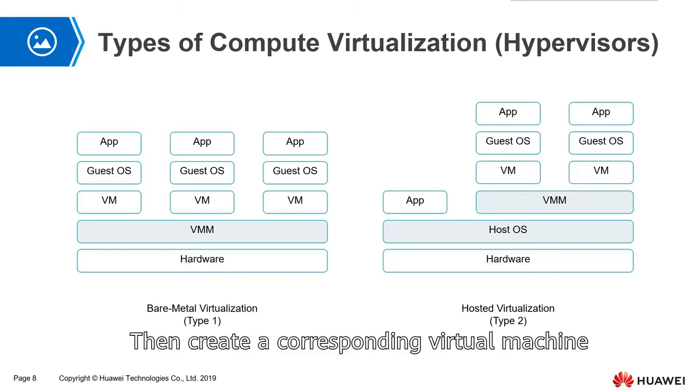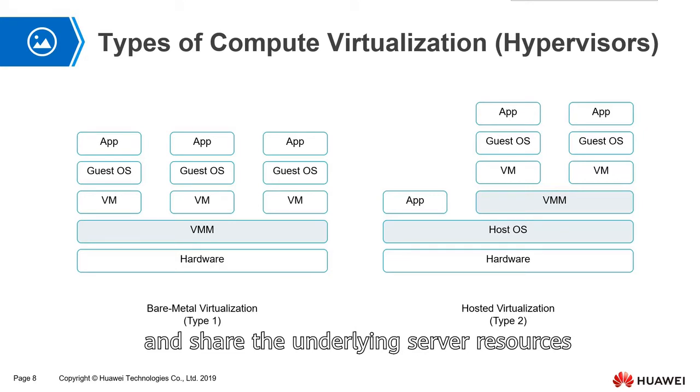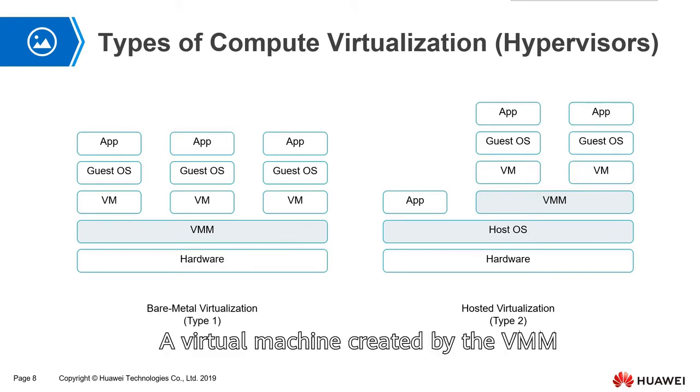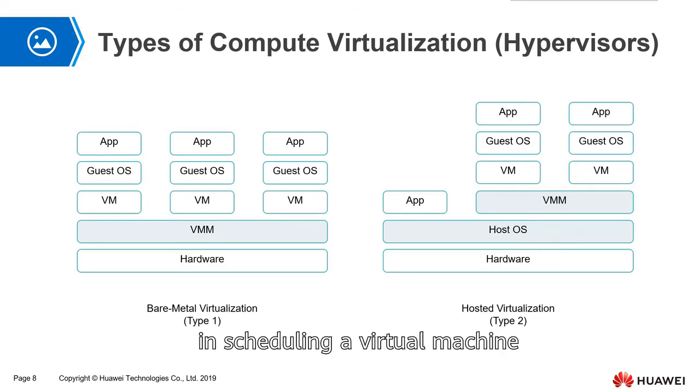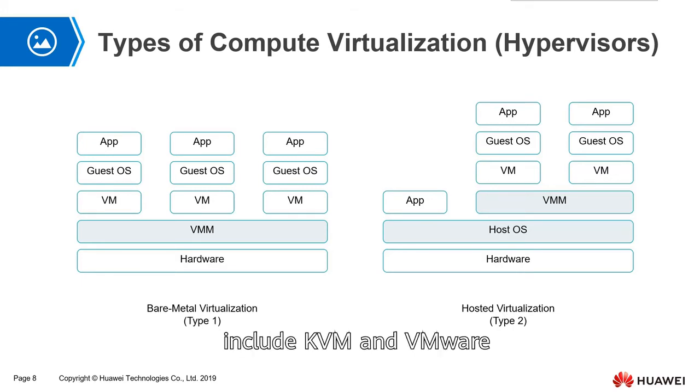Then it creates a corresponding virtual machine through VMM and shares the underlying service resources. The VMM obtains resources by calling the host OS to implement virtualization of the CPU, memory, and I/O devices. A virtual machine created by the VMM is usually scheduled as a process of the host OS. Products that use type 2 virtualization include KVM and VMware.